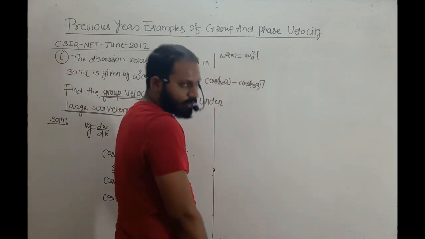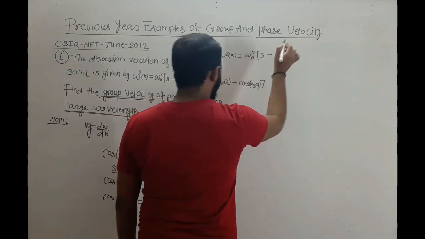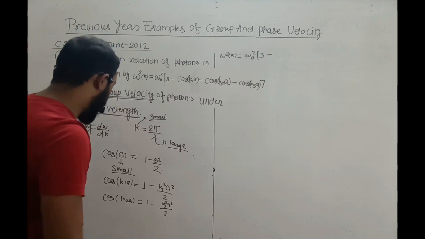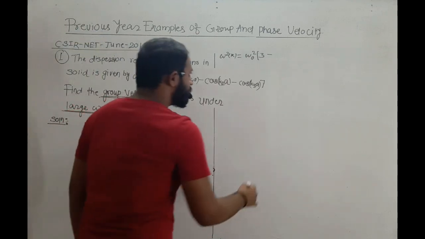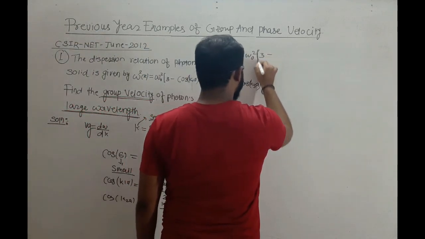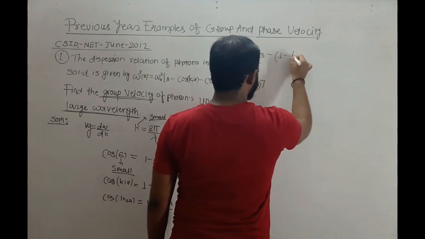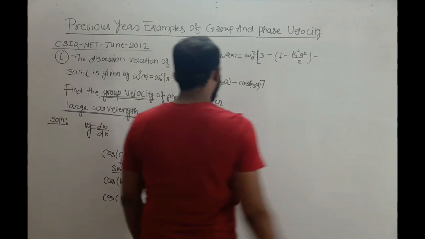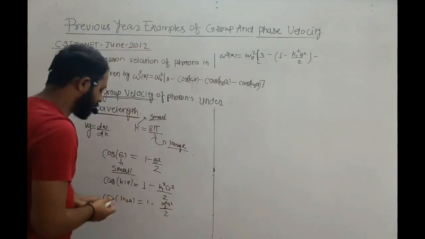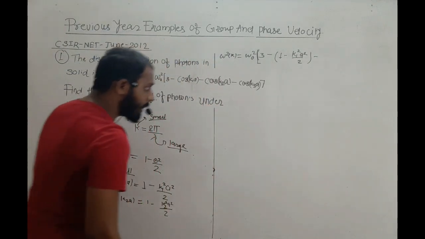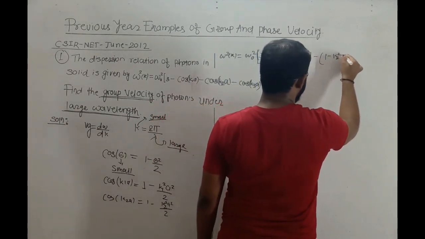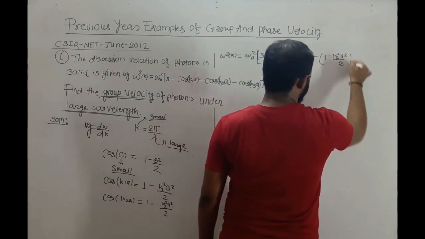Okay, no problem. 3 minus, in place of cos of k1a you have to write 1 minus k1 square a square by 2. Now, in place of cos of k2a, you have to write 1 minus k2 square a square by 2.